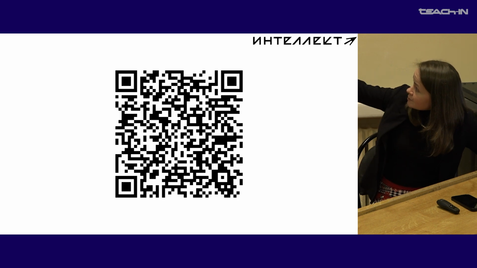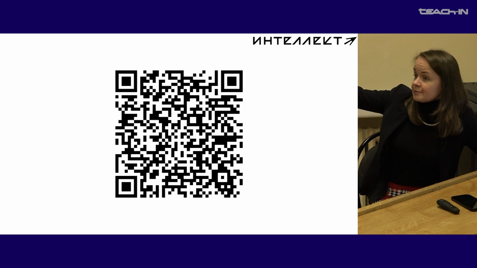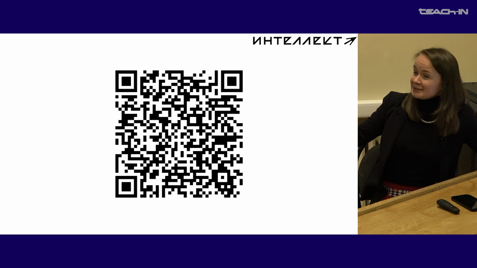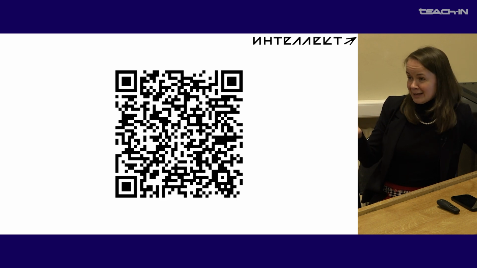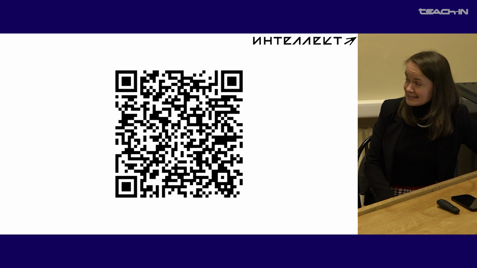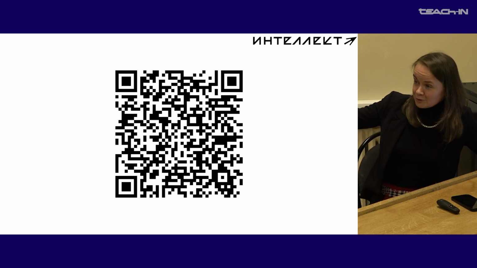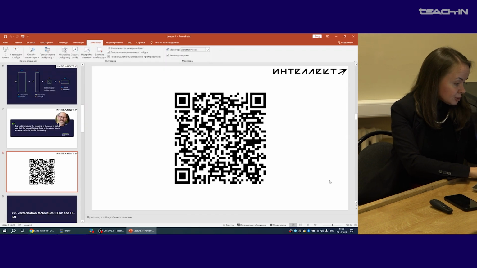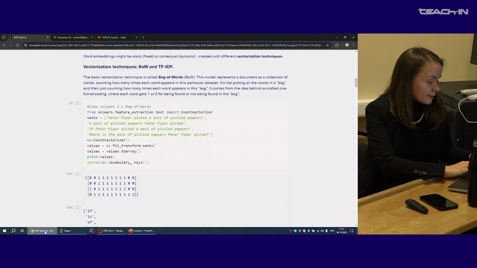So for the newcomers, this is the Wi-Fi status, and from 0 to 9, this is the password. It's not very fast, but we will use it just once for today to try running the code together for those who have never had such an experience.